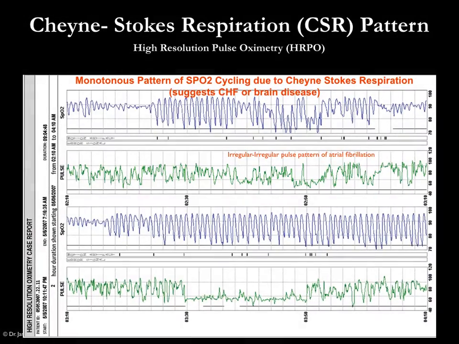The next one is this rhythmic pattern. It's called Cheyne-Stokes respiration. This is very similar to a thermostat on the wall in your house. The thermostat regulates the temperature within the room. Well, the body regulates the amount of CO2 and the amount of oxygen.